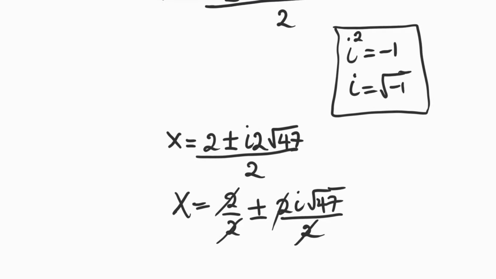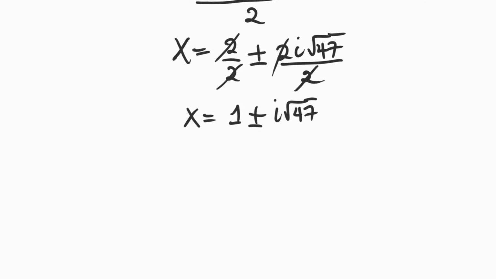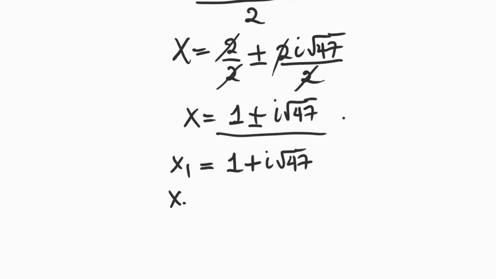And what we have here is that our x is equal to 1 plus or minus i root 47. So now this means that our x1 is equal to 1 plus i root 47, and x2 is equal to 1 minus i root 47.